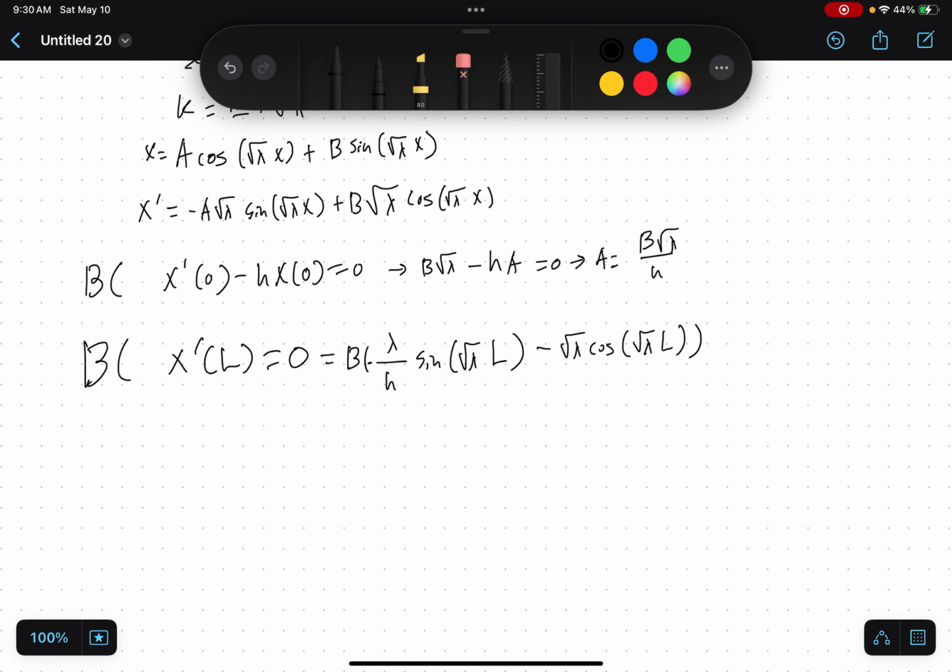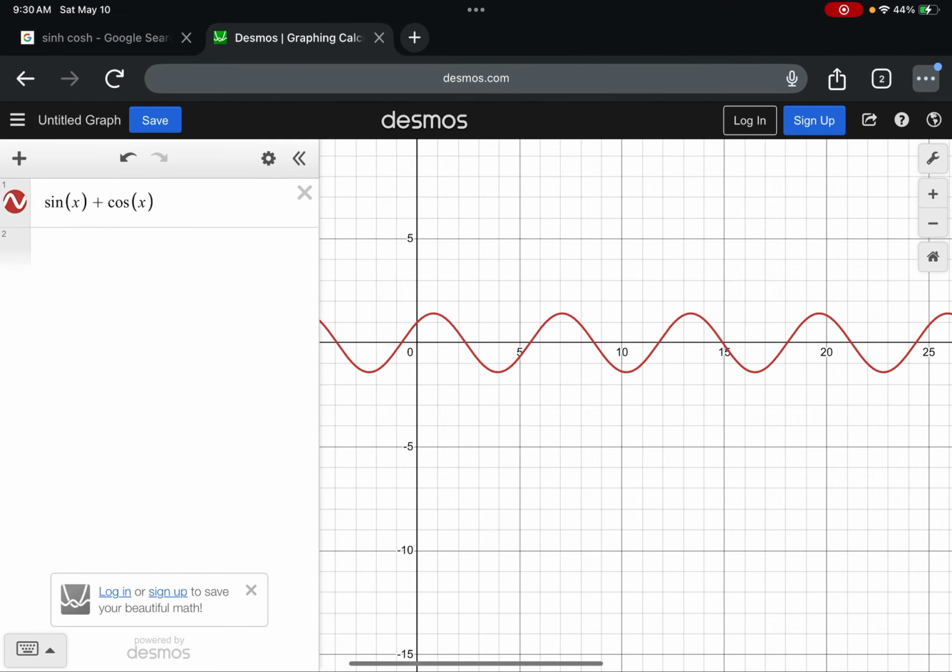So, if we want to solve for the lambdas where this equation equals 0, we end up with lambda n equals, let's say, what are some numbers that we could use?